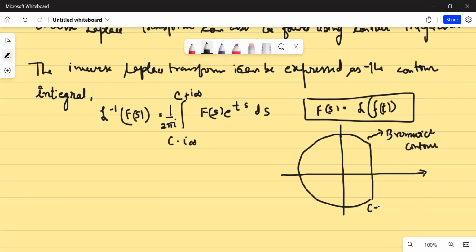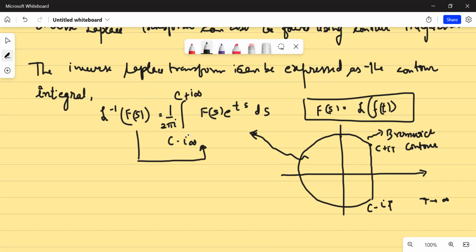So here it is C minus iota. You take some C plus iota t, and then you take t tends to infinity, and in order to find my inverse Laplace transform of F(s), I have to solve this contour integration.